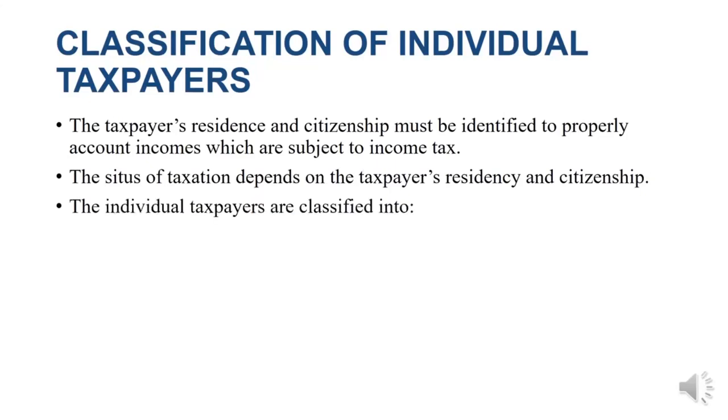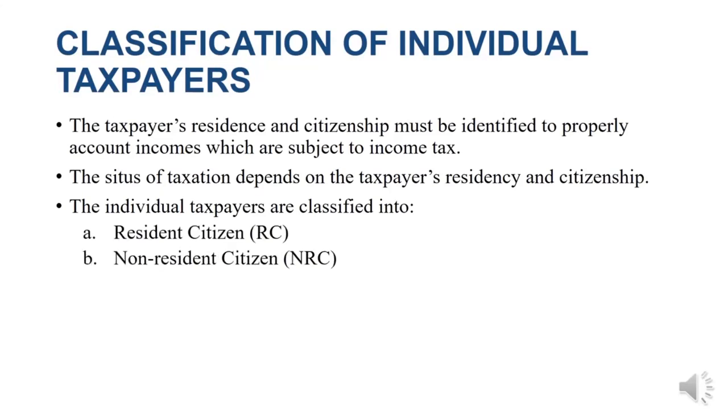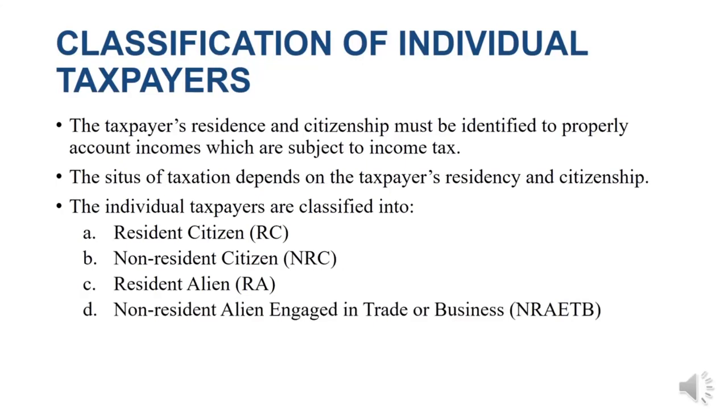The individual taxpayers are classified into five, okay? So we have first, he can be a resident citizen or RC, or a non-resident citizen or NRC, or he can be a resident alien, or a non-resident alien engaged in trade or business or NRA-ETB.